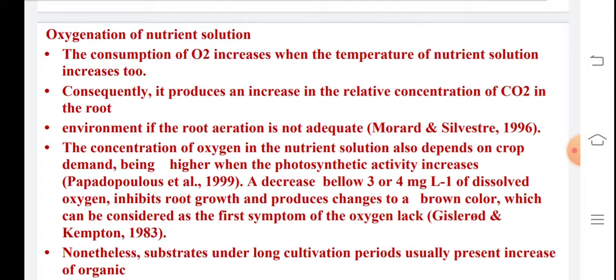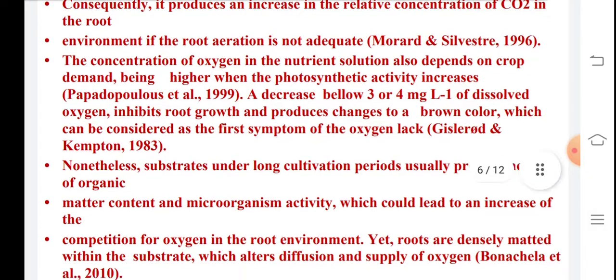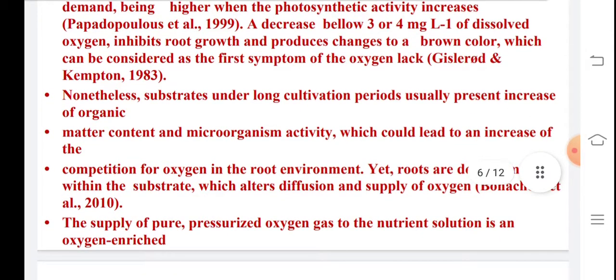A decrease below 3 or 4 mg per liter of dissolved oxygen inhibits root growth and produces a change to brown color. It is the first symptom of oxygen lack, and it was shown in 1983. So like this, all scientific nutrient conditions are to be checked by the scientist.